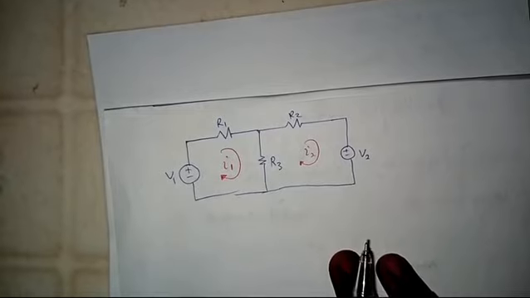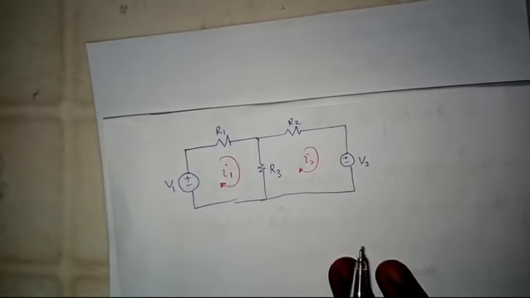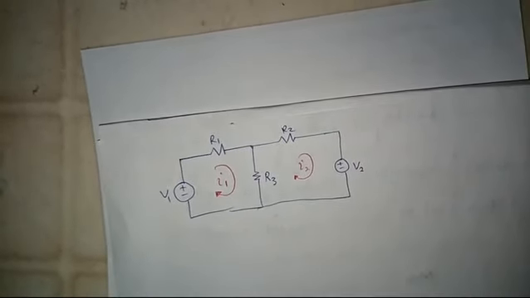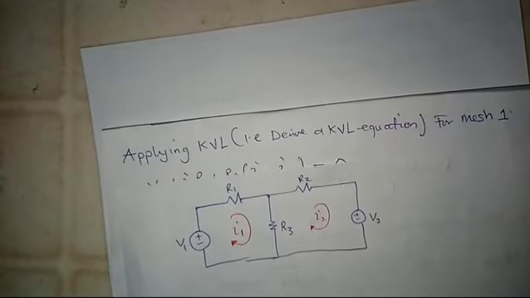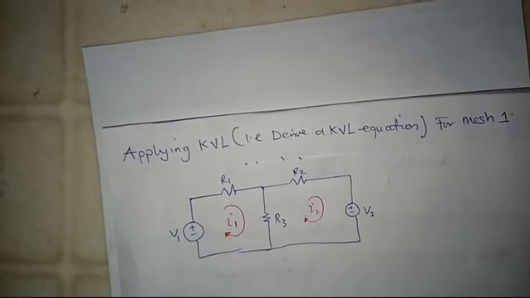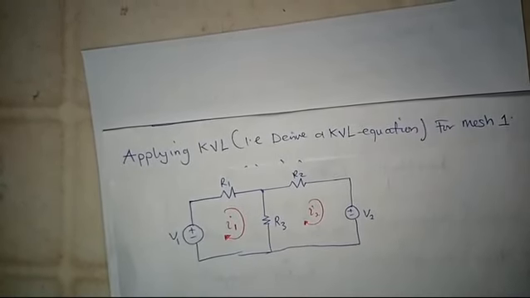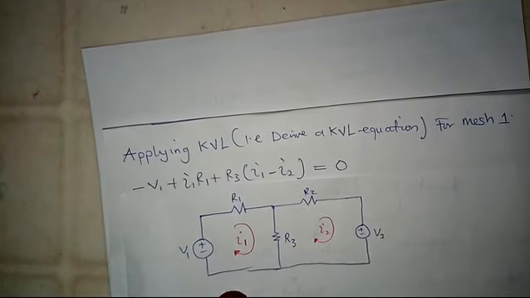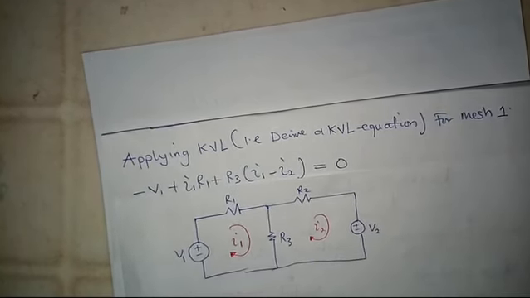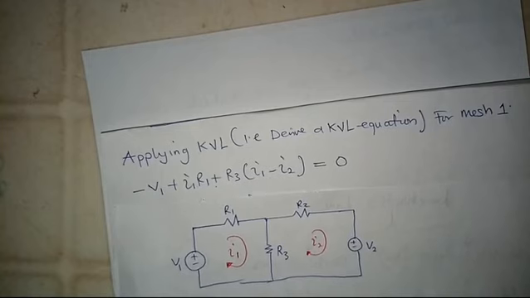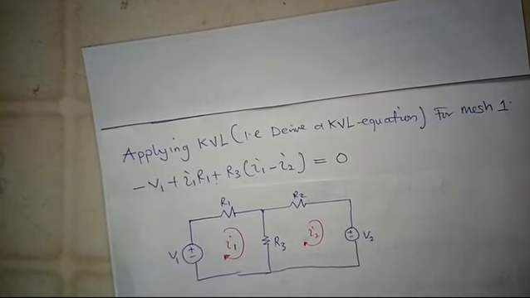After assigning the current directions, what you need to do secondly is to derive the KVL equation. Now, by applying KVL to derive the KVL equation, you need to understand some very basic things.